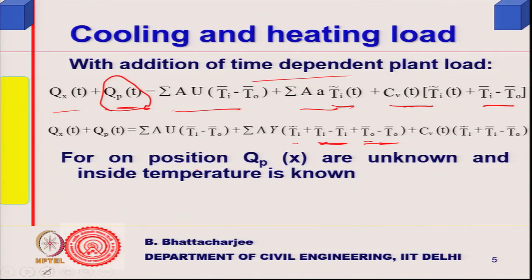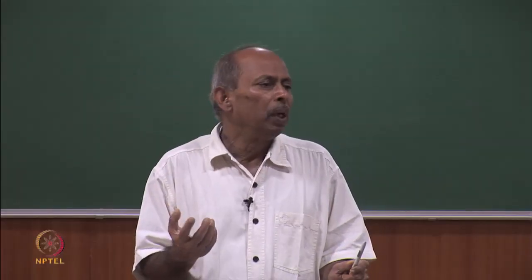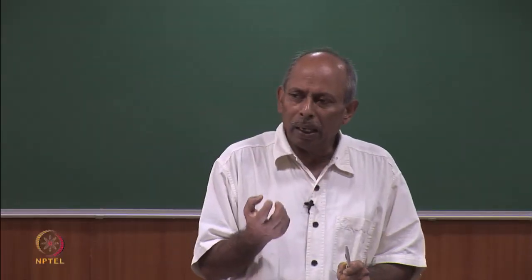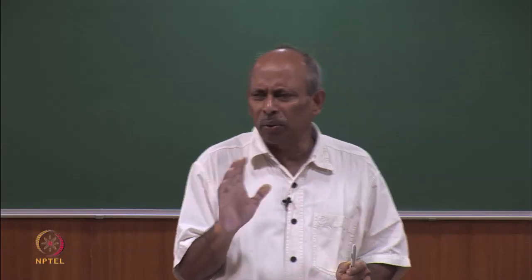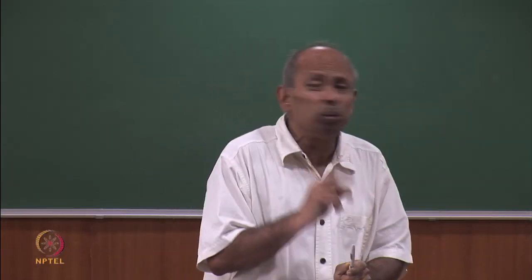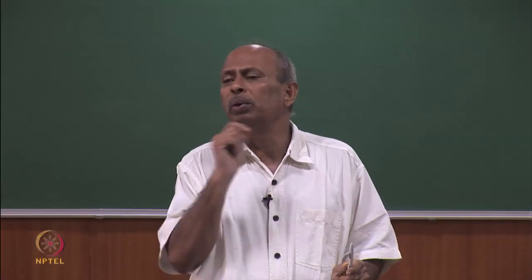For on position Qxp's are unknown and inside temperature is known, because supposing my office starts at 9 am. So, I might put my air conditioner on, there are various control systems, but let us say it is a simple 2-point on-off control switch.